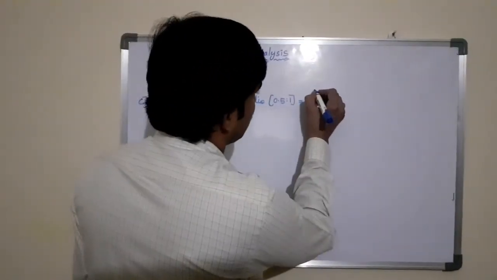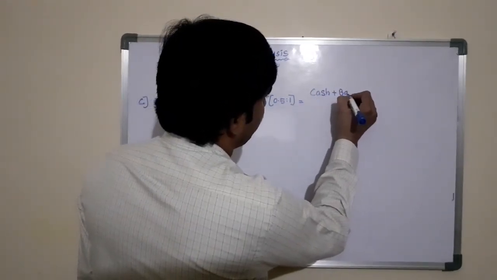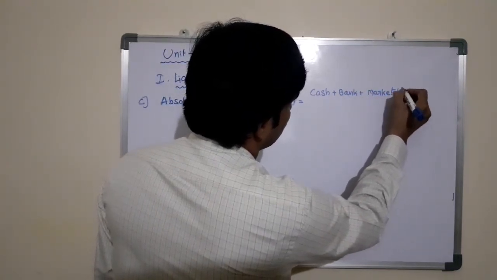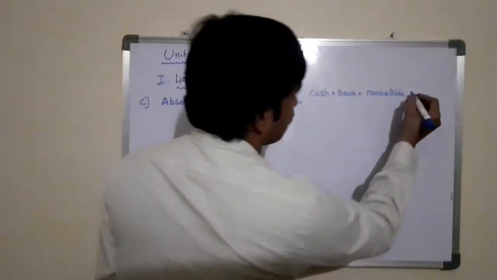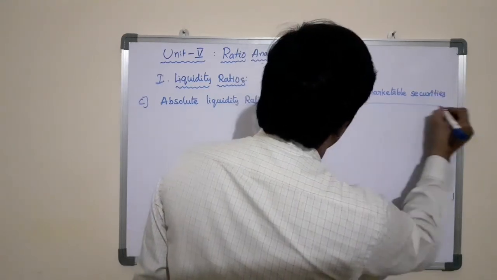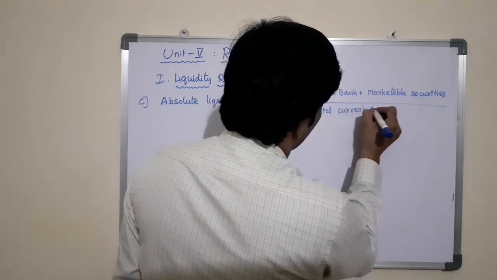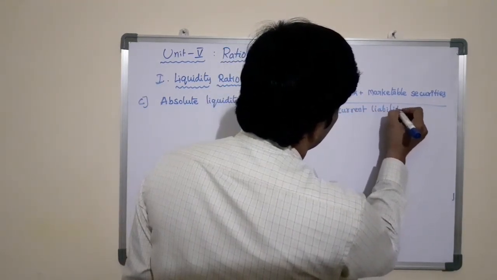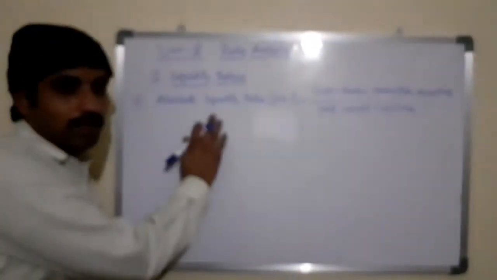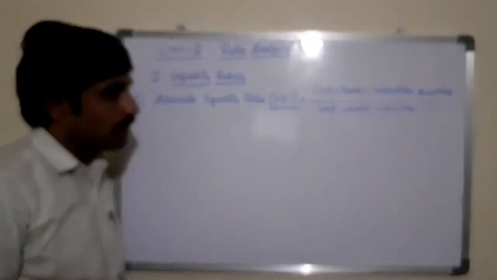The formula for calculation of this absolute liquid ratio is cash plus bank plus marketable securities by total current liabilities. This is the formula used to calculate absolute liquidity ratio. The standard of this ratio is 0.5:1.